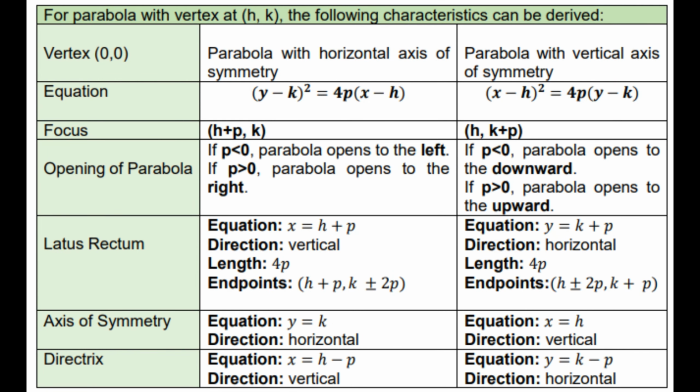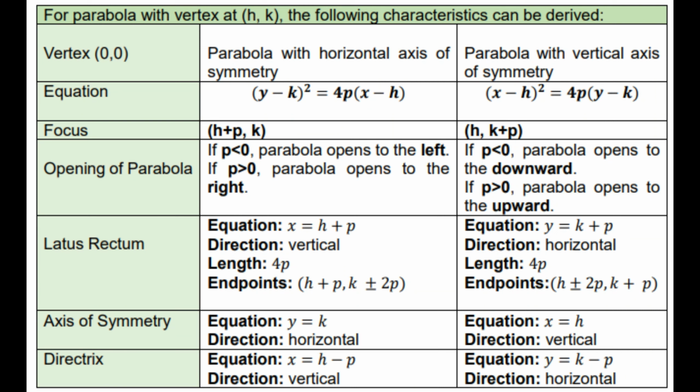For the parabola with vertex at (h, k), the following characteristics can be derived. Same as with the vertex at 0, 0, the parabola with the vertex at (h, k) also has two equations. For the horizontal axis of symmetry, (y minus k) squared equals 4p times (x minus h).